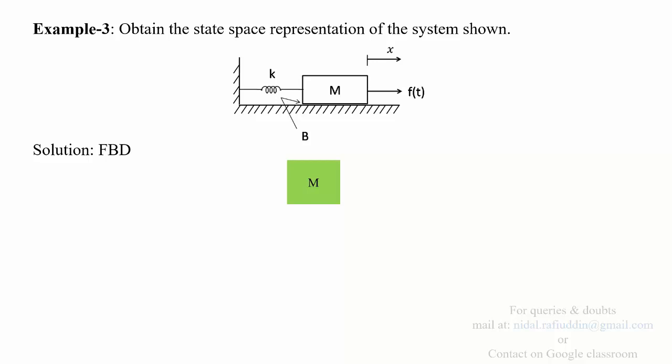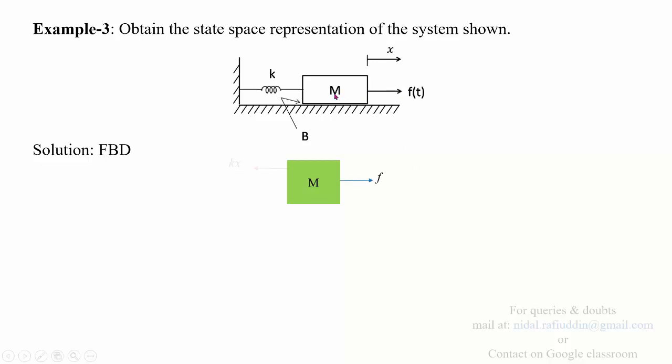For example, if you talk about this particular example, you see that you have a mass attached with a spring. So if you try to write the equation that governs the dynamics of this system after obtaining the free body diagram of mass m, let's try to obtain it. F is the force which is applied on the mass.